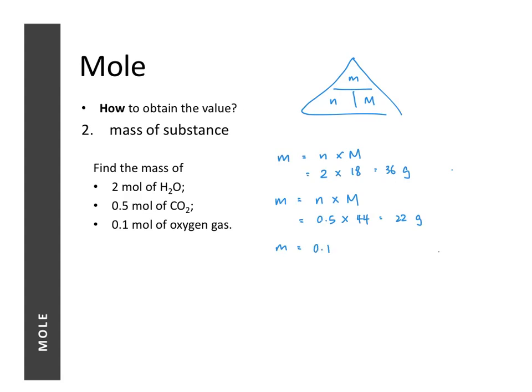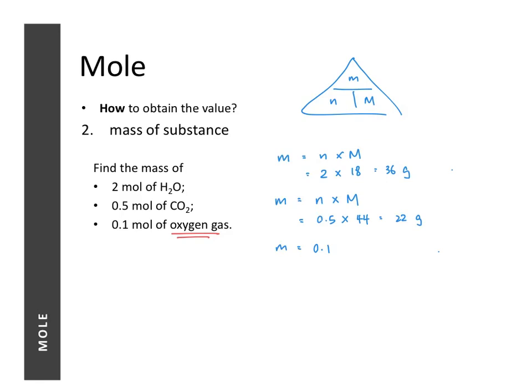Now in this question it is on purpose that I do not write the molecular formula of oxygen gas. Why is it so? It's because when students see oxygen gas, very often they fail to recall that it's a diatomic molecule.